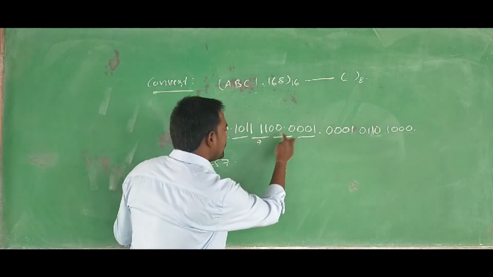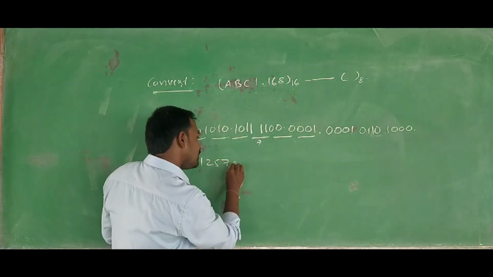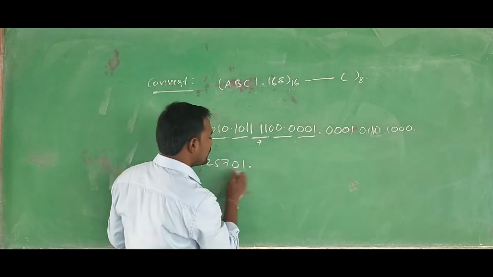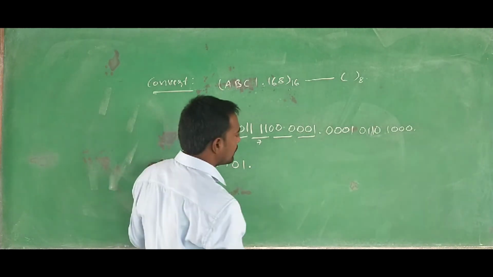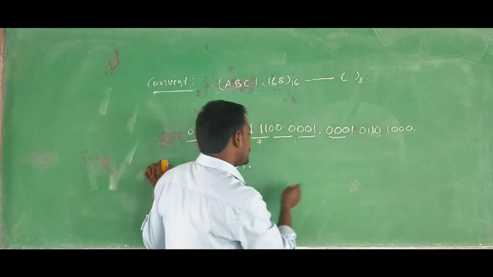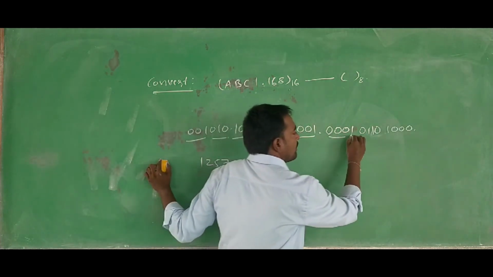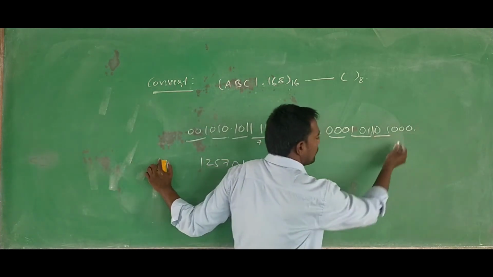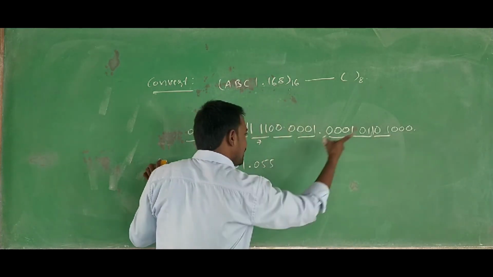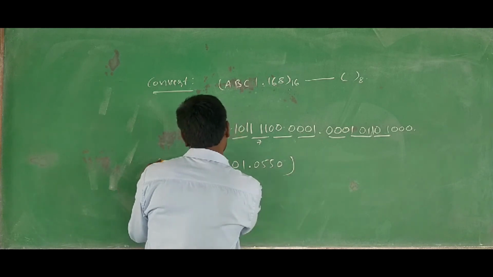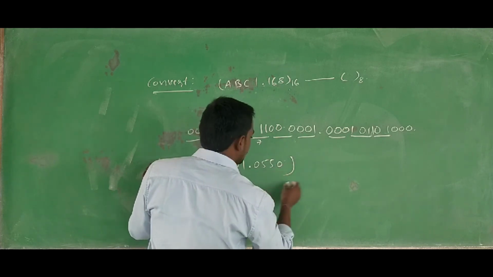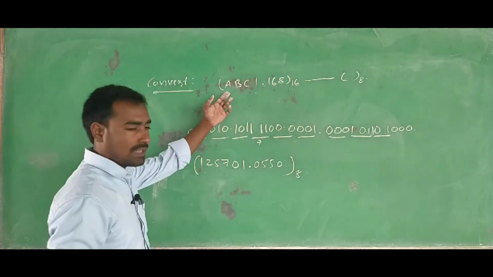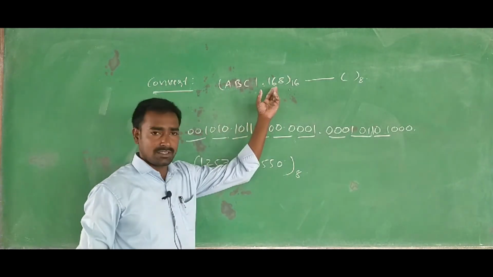Then we get 001 is equal to 1, and after this we have the fraction part: 000 is equal to 0, 101 is equal to 5, and 100 is equal to 4, with a trailing 0. So this is the equivalent octal number for the hexadecimal value ABC1.168.